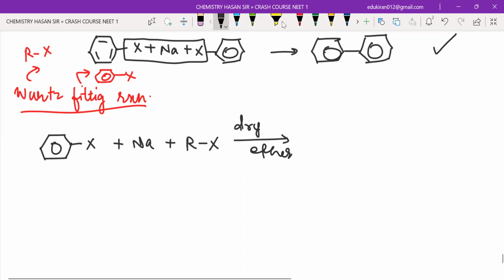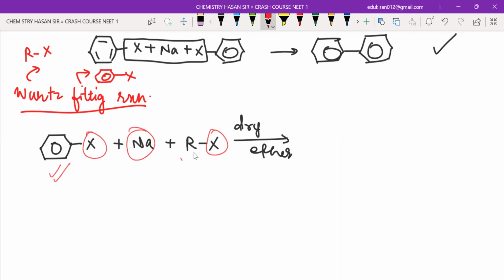As you know, the X and Na will be eliminated, and the arene will be directly connected with the alkyl. So this is what you will get.